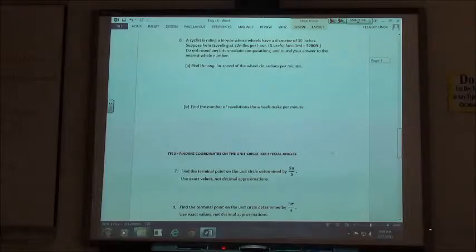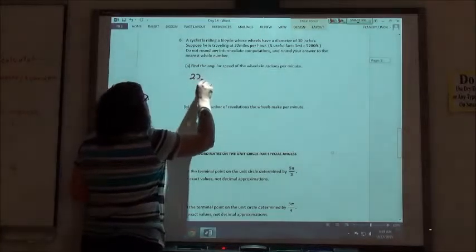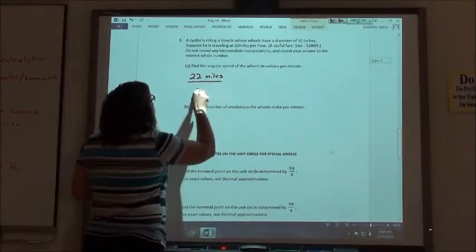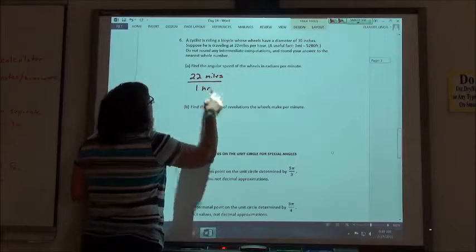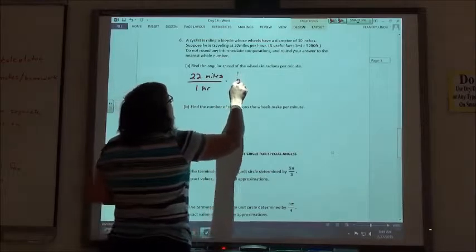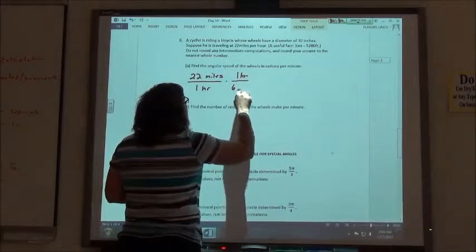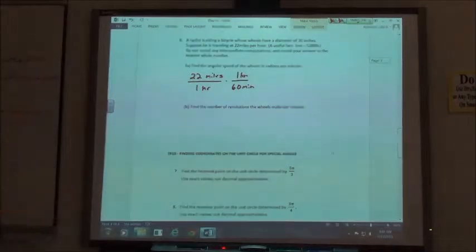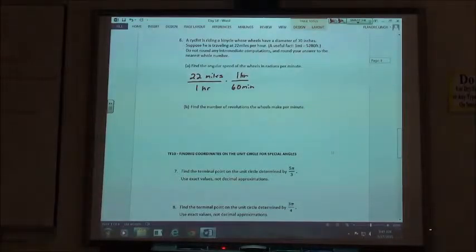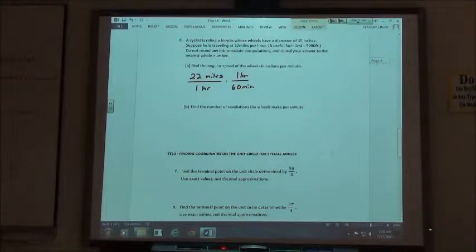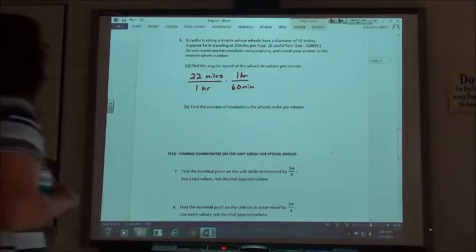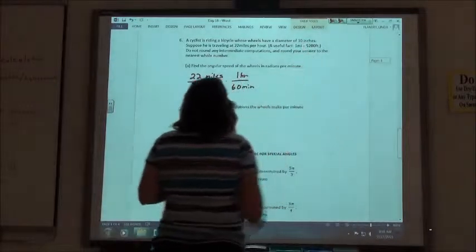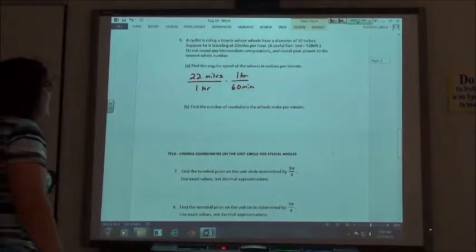So we know that we are going 22 miles in 1 hour. I want to go per minute. So 1 hour is 60 minutes. I also need this, so that I can change it into radians, but since my units up here is in inches, I have to change my miles into inches.